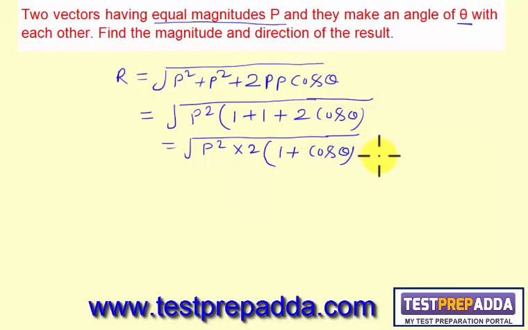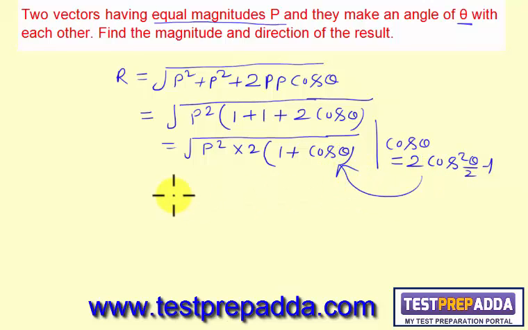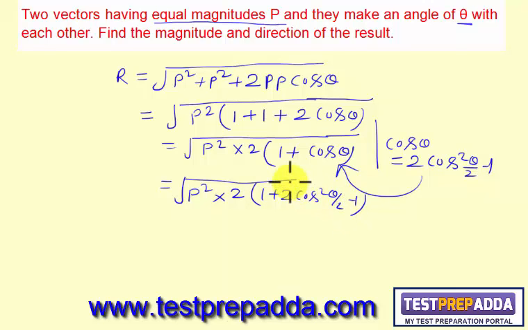If you know this, cos theta I can write as 2 cos square theta by 2 minus 1. Substitute here. So this will become P square into 2 into 1 plus 2 cos square theta by 2 minus 1.